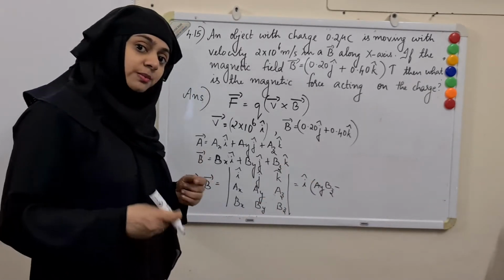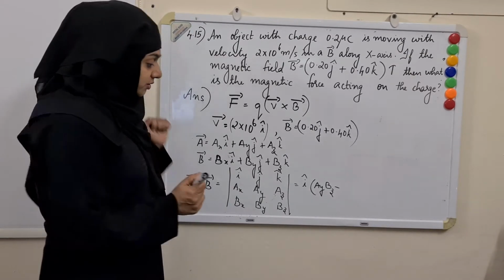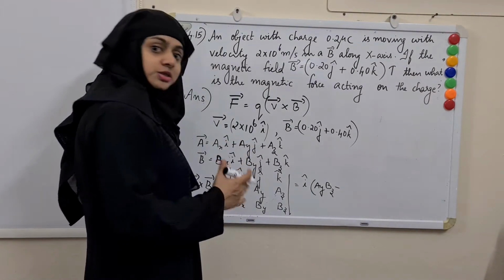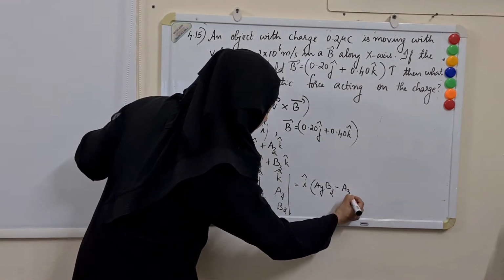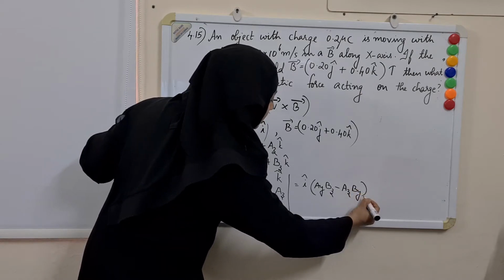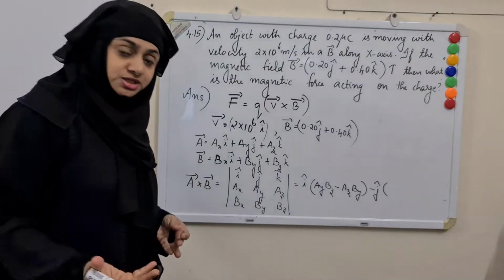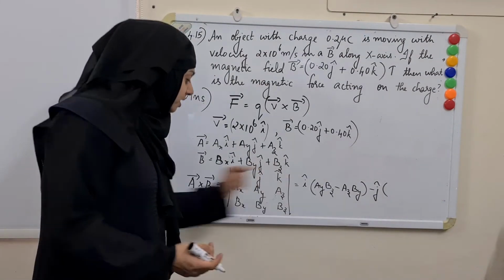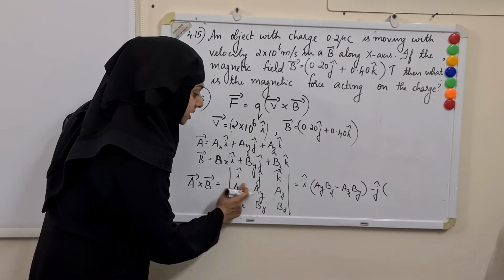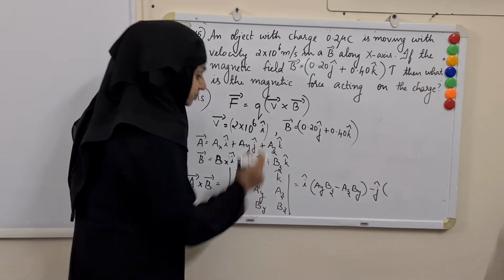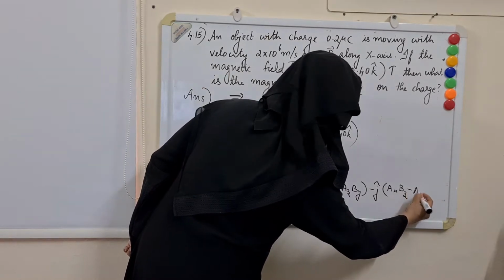This is just to remind you how to take the cross product of two vectors, which you have already learned in physics, and also now you must have learned that in math. So Az By, and minus j cap. Alternate terms, you have to change the sign. So minus j cap into, you have to multiply this and this, minus this and this. That is Ax Bz minus Az Bx.